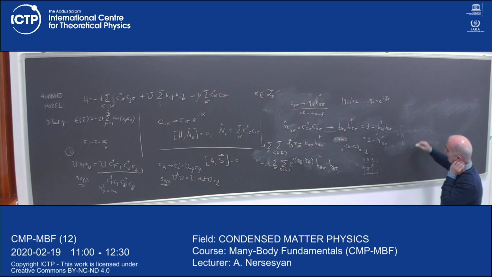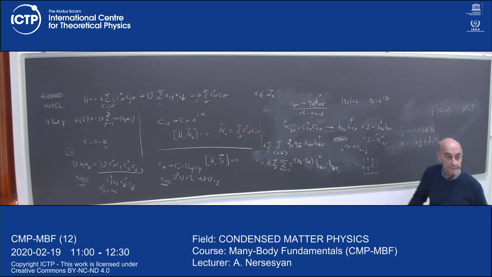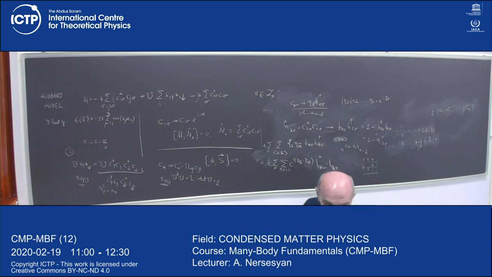So if the vector n belongs to the A sublattice, then n plus d, where d is plus or minus a1, plus or minus a2, and so forth, will necessarily belong to B, and vice versa. If it belongs to B, this will belong to A. Clear? I think it should be clear.